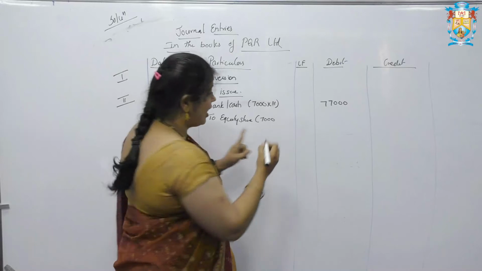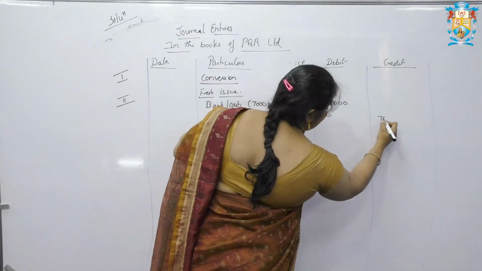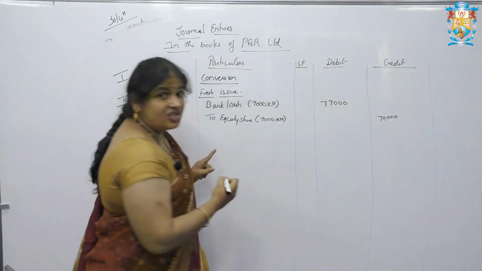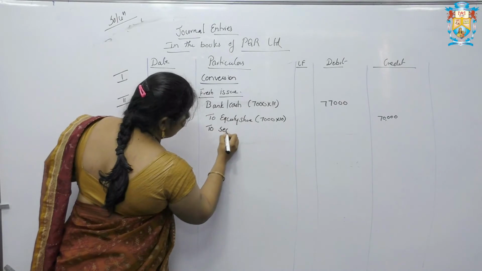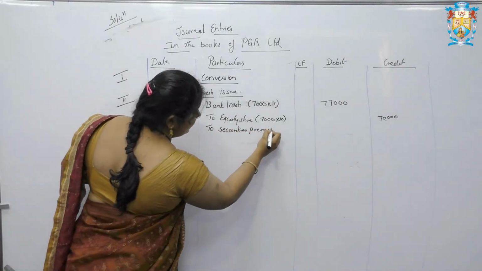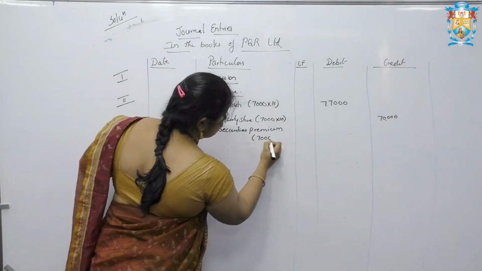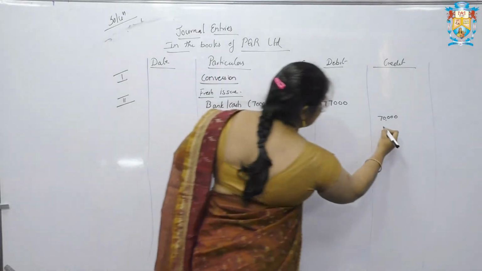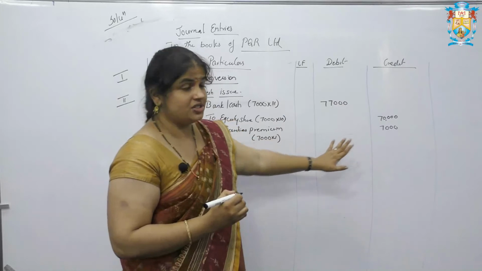What is the face value? 10 rupees is the value of 1 share. That is 70,000. Along with the face value, the organization is also collecting premium, which is credited to our securities premium account. What is the money collected? 1 rupee. So 7,000 into 1, that is 7,000. So total money collected is 77,000.